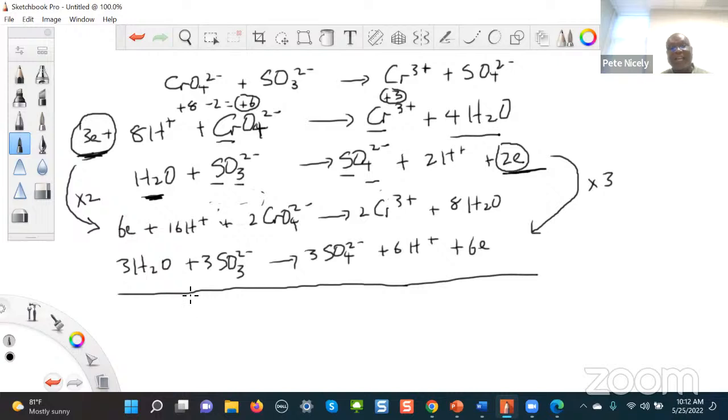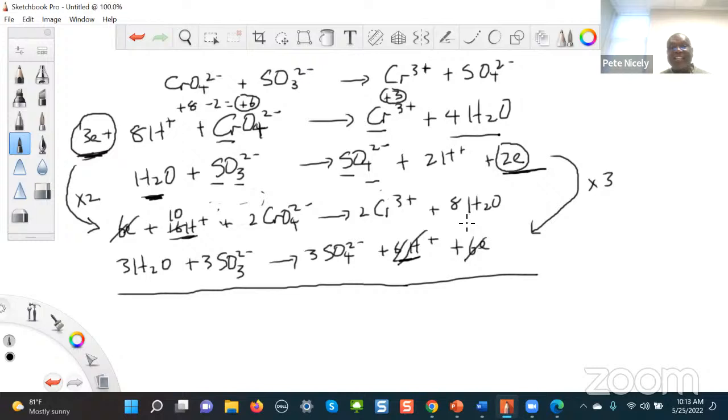Of course, as I said before, when you're adding equations like these, we have to cancel out those items that are common to both sides, which would obviously mean that the 6 electrons here and here will be canceled out. But there are some other items as well. For example, there are 6 hydrogen ions here, and there are 16 hydrogen ions here. So what that means is that these 6 hydrogen ions here will cancel out 6 of these 16, leaving behind 10, right?